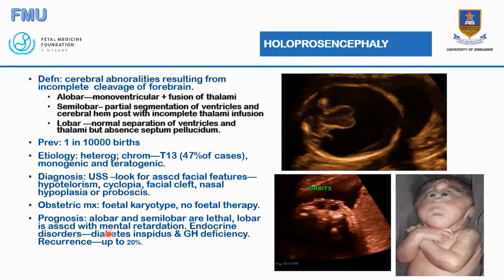If there is an associated genetic syndrome, then the recurrence risk is about 25%. So this is the reason why we continue to offer fetal karyotype, so that we may counsel the women concerning the recurrence risk. There is no fetal therapy, no treatment, so there is no hope for these women.